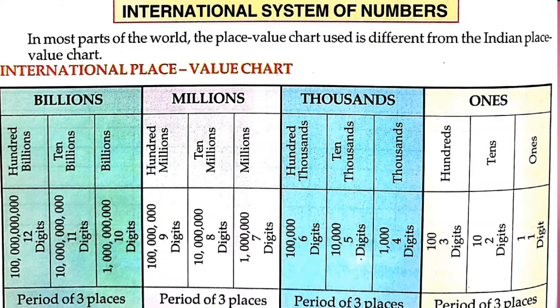Now I am telling you the place value. If a number is in the ones period, ones column, the place value is 1. In the tens place, the place value is the number multiplied by 10. In the hundreds column, the place value is the number multiplied by 100.